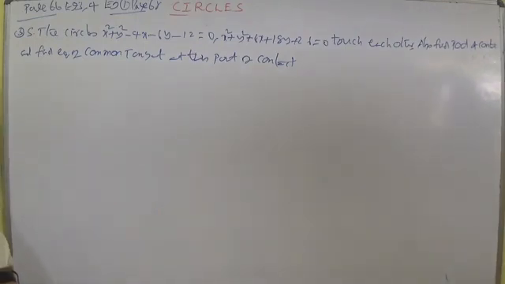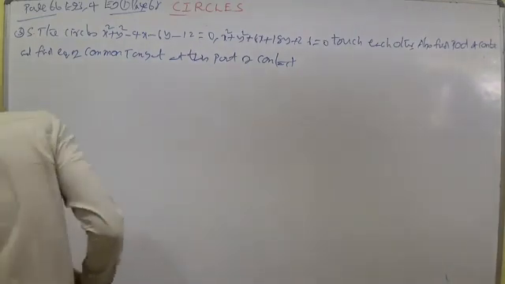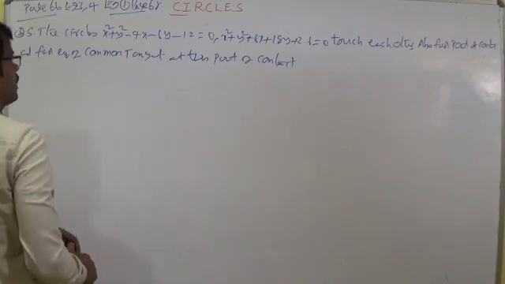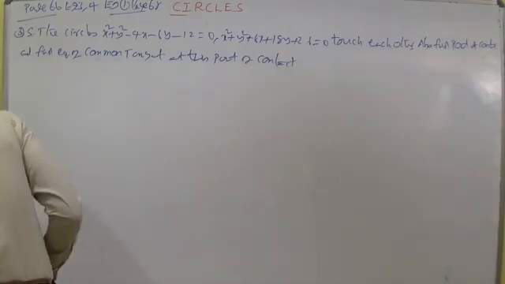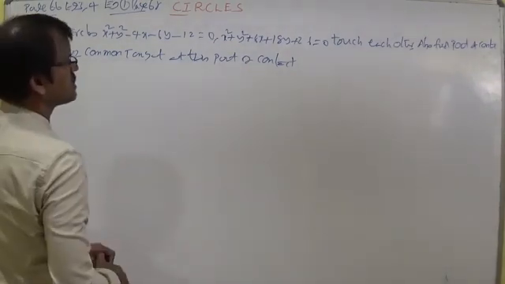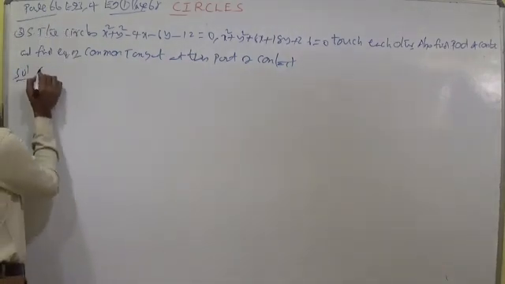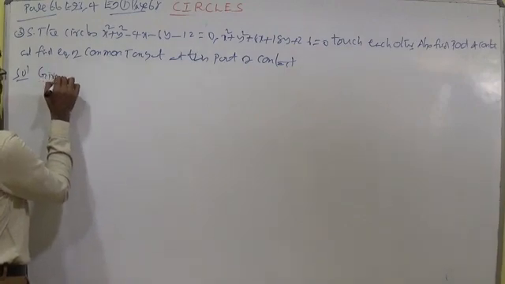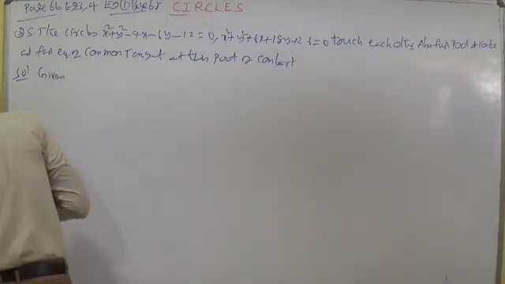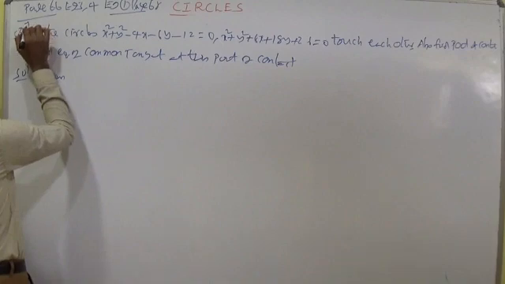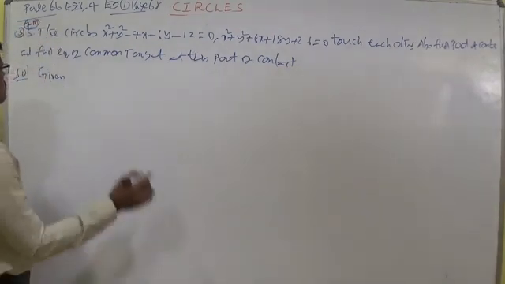So that the circles x square plus y square minus 4x minus 6y minus 12 and x square plus y square plus 6x plus 18y plus 26 equal to 0. Okay. Given circles, I am writing. This question also was given in IPE for 7 marks.